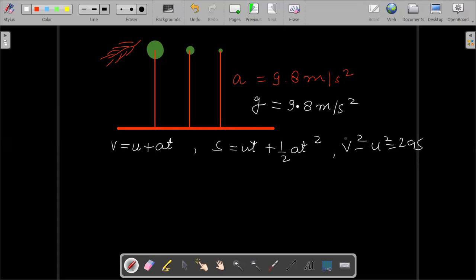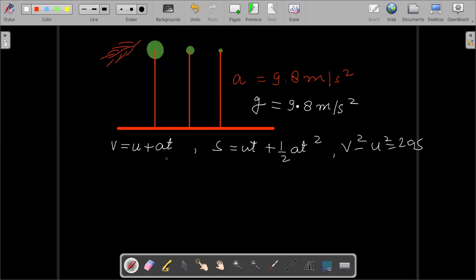So we have to make a little bit of change here. What change? Now our acceleration is fixed. Whether it be a heavy object or a light object, it will have an acceleration equal to 9.8 meter per second square.